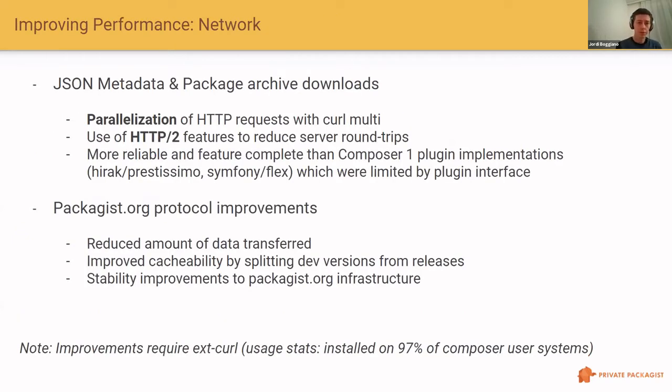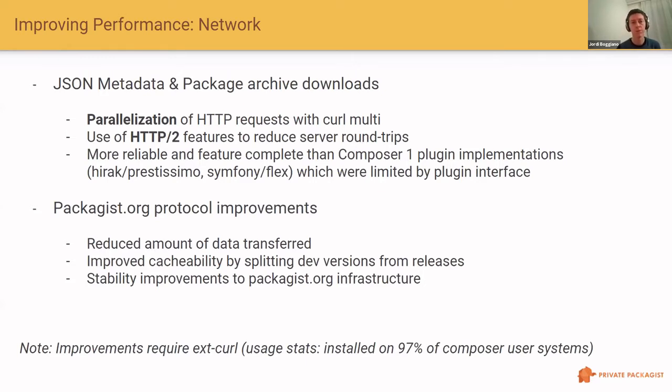On the network side, we did a few things. For the metadata and the zip archive downloads, we added a parallelized downloader using curl multi that downloads things in parallel. For the zip archives this helps a little bit, but those are fairly large sometimes, so that's not necessarily a huge win.